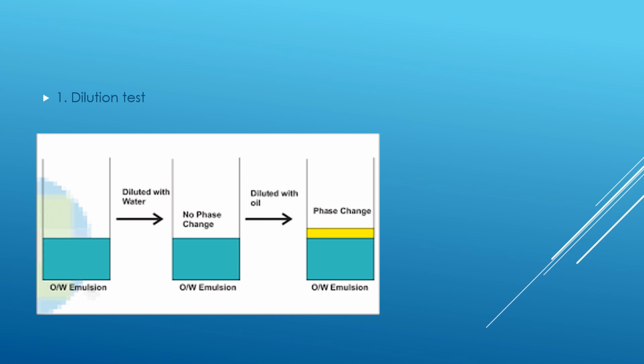If you dilute it with oil, the oil will get separated and the aqueous phase also will get separated. So if you dilute the emulsion with water and it remains stable, it is oil in water type. If there is separation observed, you can say that it is water in oil type. That is the dilution test.